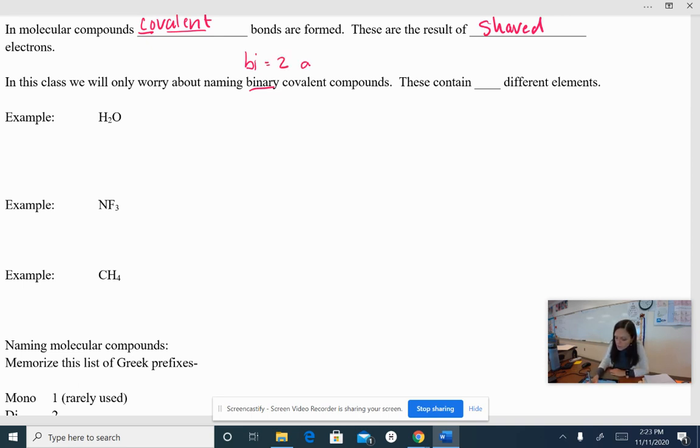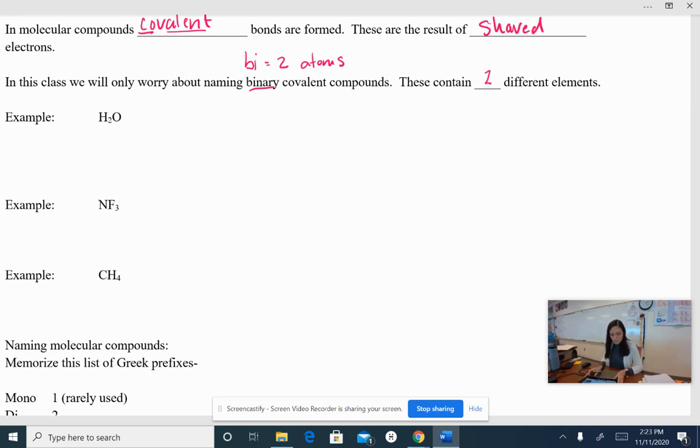So we are going to be doing things that are only made of two different types of atoms. Molecular compounds actually make up most of the things in this world, and they're extremely complex. But we're going to just do the simple ones that are made out of two different types of atoms, or two elements. So just two elements at a time.